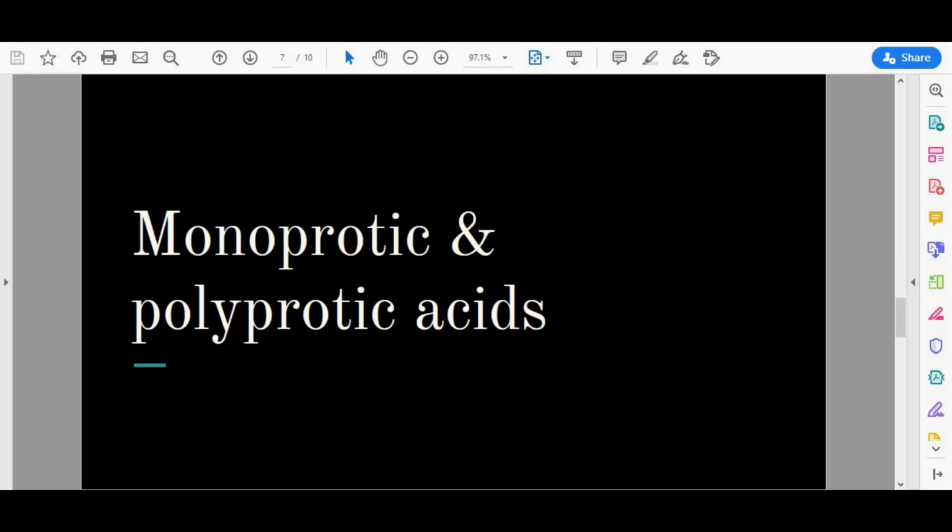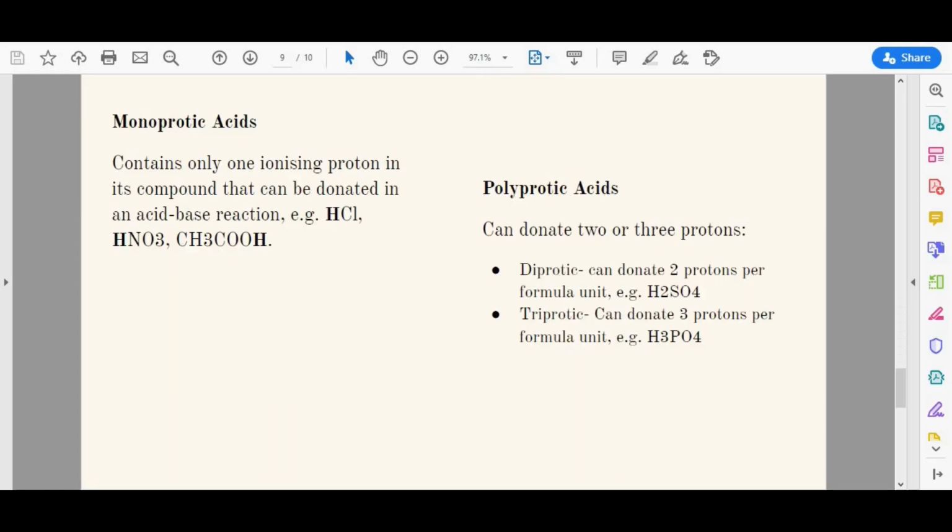2 terms that we need to go through, which actually lead up to being almost 4. The second one is a bit expanded, in that we have monoprotic and polyprotic acids. So if we have a look at the first definition, for monoprotic acids, the formal definition is that these acids only contain 1 ionizing proton in the compound.